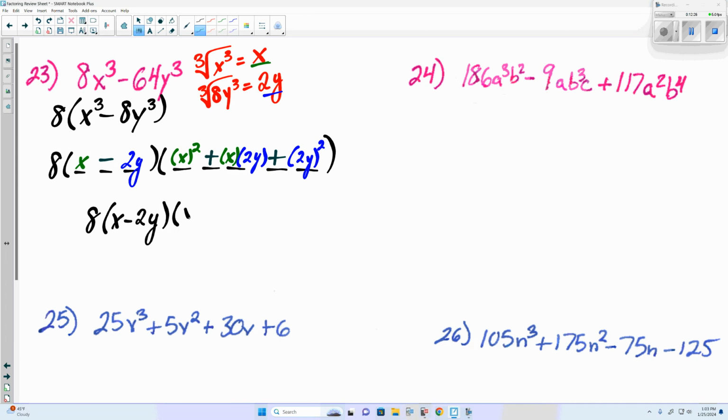Our x squared would just be x squared plus x times 2y is 2xy. And 2y squared would be 4y squared, because when we square it, we're multiplying it by itself. So our 2y times 2y would be 4y squared.